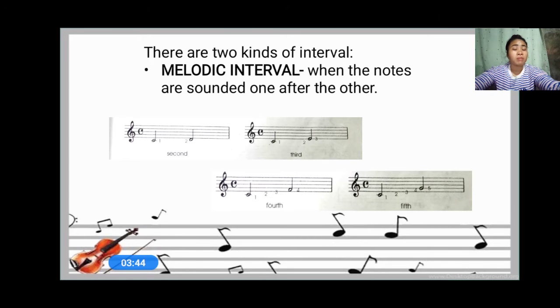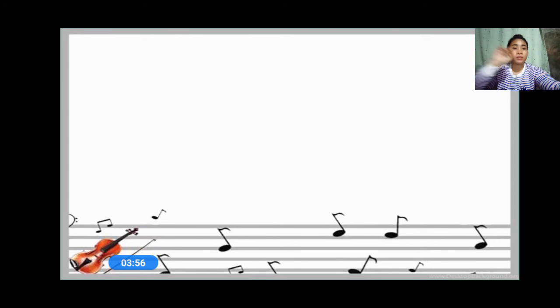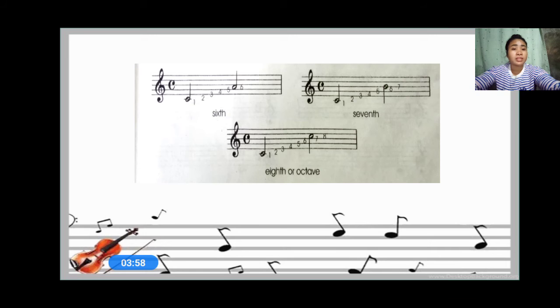So again, melodic interval is when the notes are sounded one after the other. We started at second, third, fourth, fifth, and then the sixth, the seventh, the eighth, or the octave.